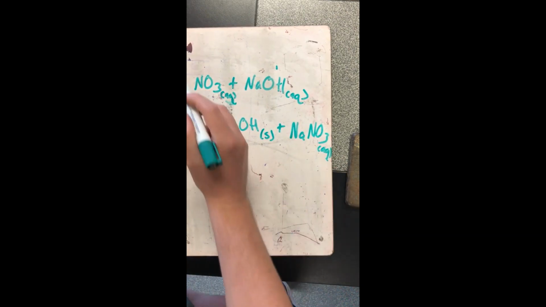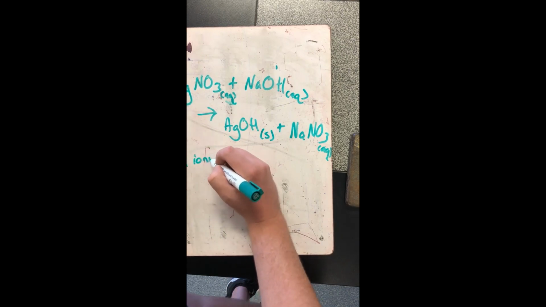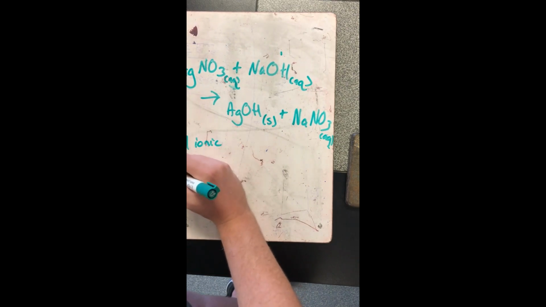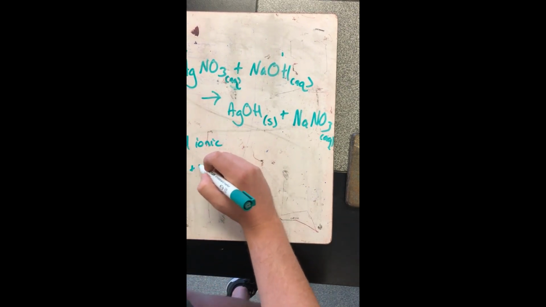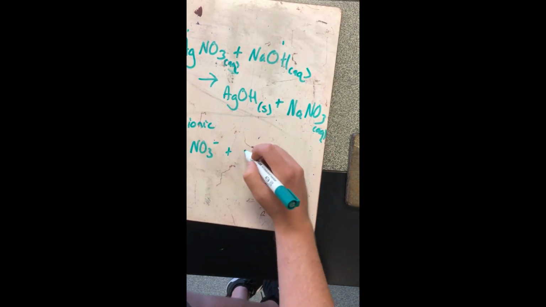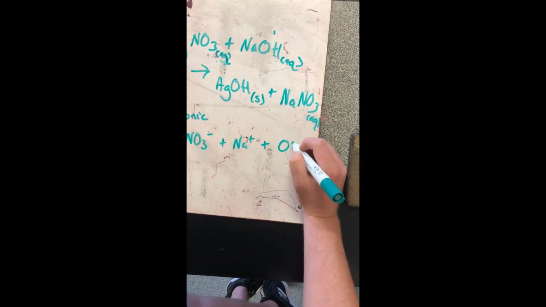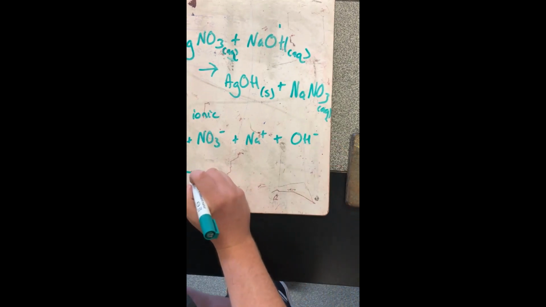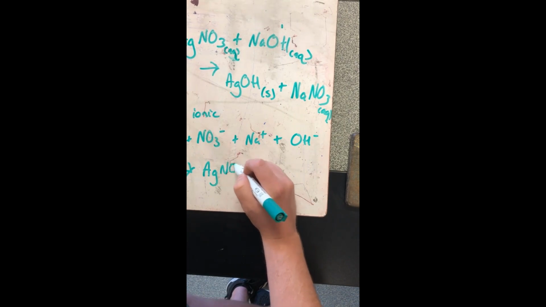That's the general equation, or if we wrote the ionic equation, sometimes we call it the full ionic, it is Ag plus, because that's what silver will turn into, plus NO3 negative, plus sodium plus hydroxide group. And at the end of this, we get AgOH.